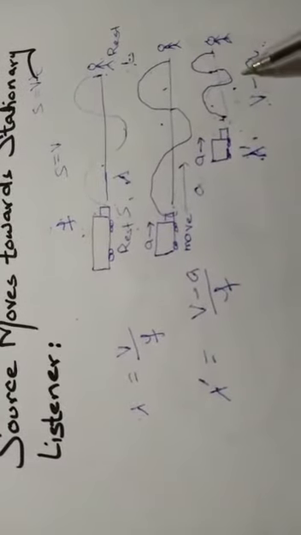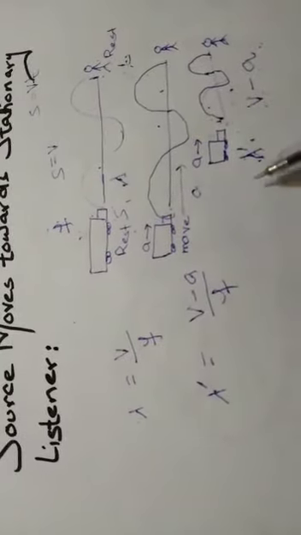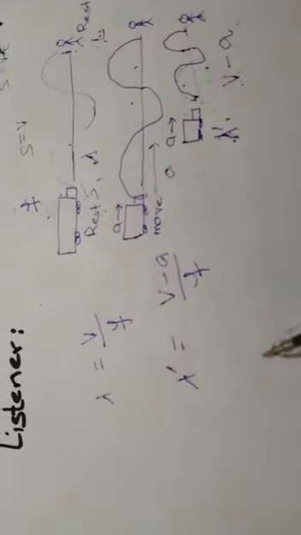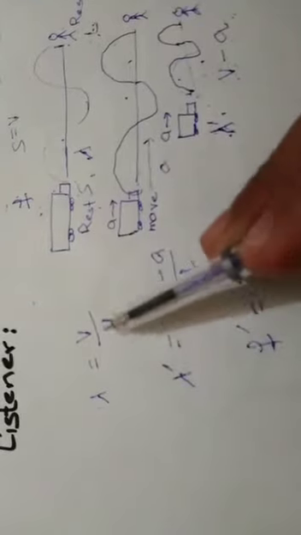So when there is a change of wavelength, obviously there is a change of frequency. We can write the expression of the new frequency: f prime is equal to v divided by lambda prime. When there is a change of wavelength, obviously there is a change of frequency.